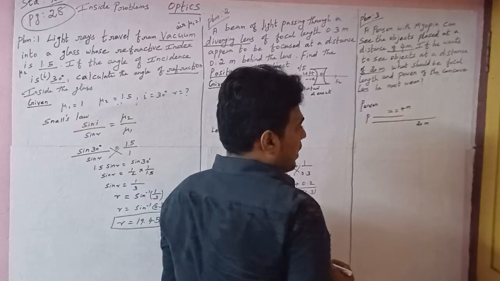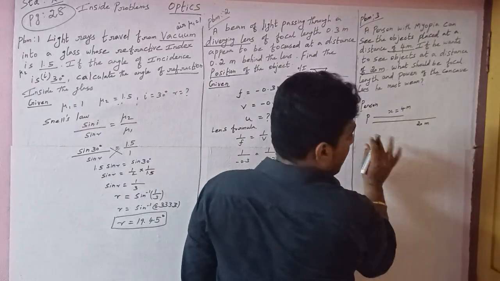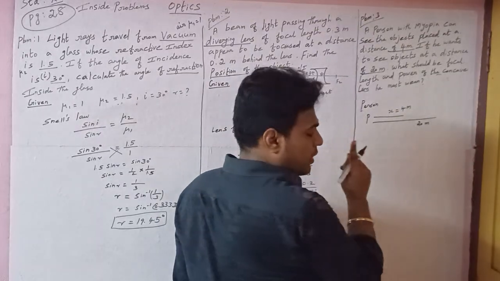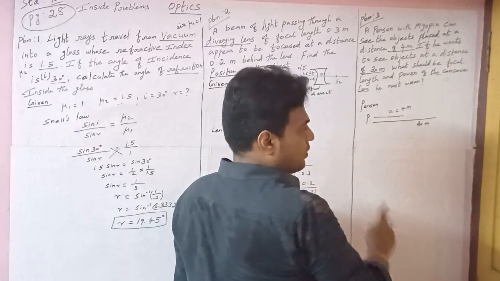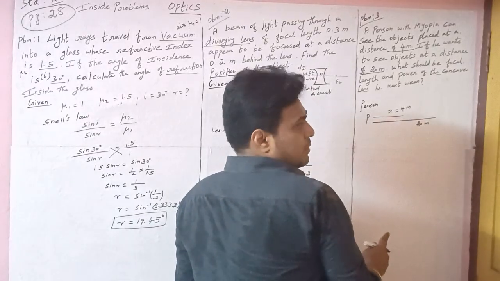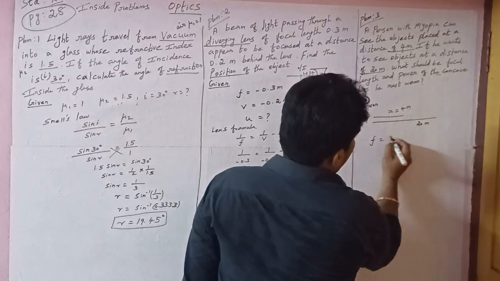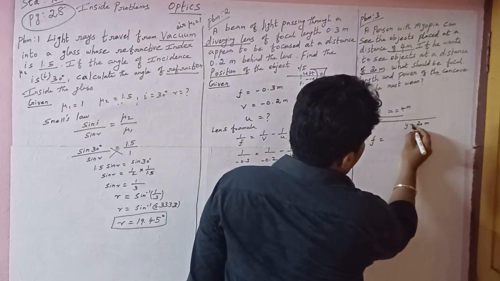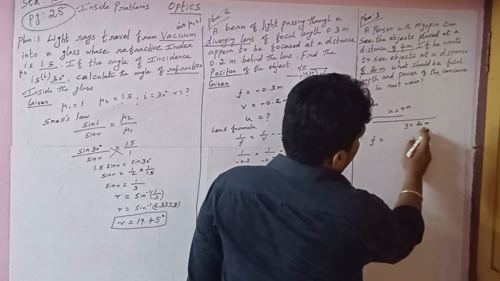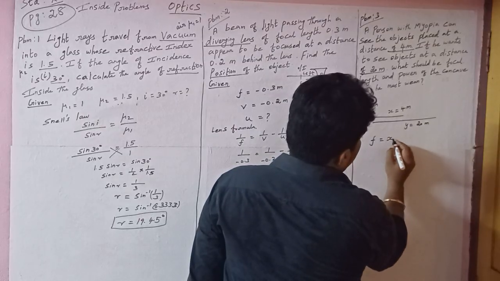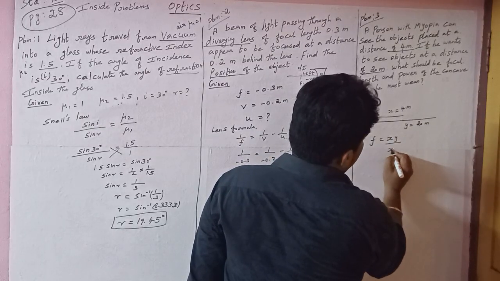Now the formula, don't forget the formula. As I said, you have to write the formula, substitute the value and find the result, and mention the unit also. So what is the formula? Because 20 meter is the y, f equals xy divided by x minus y.